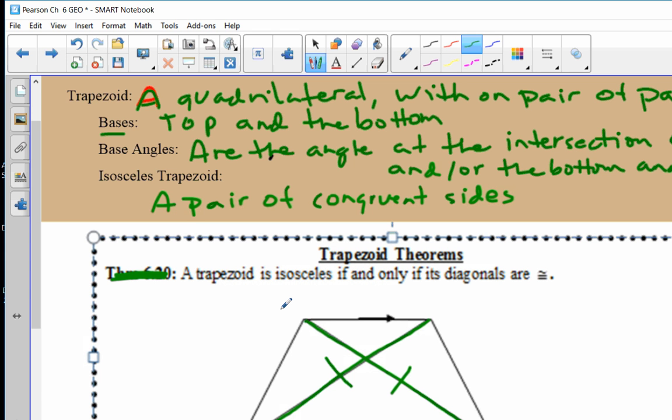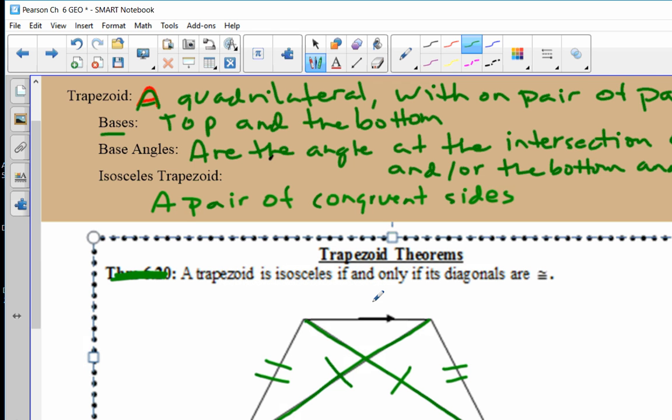If you have that, then you can say that these sides are going to be congruent. That's what makes it isosceles. Remember, isosceles means two sides that are congruent. We've learned that through triangles in an earlier chapter.